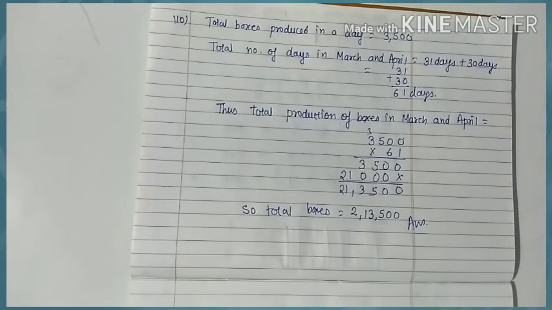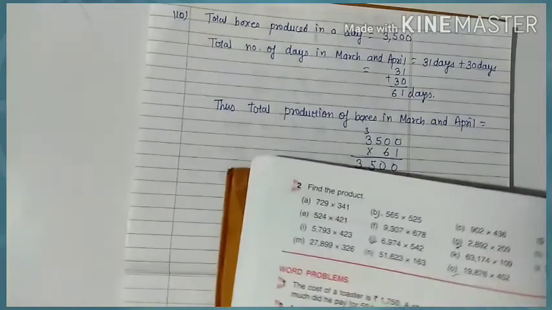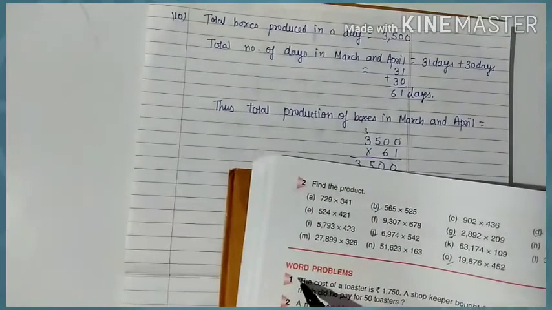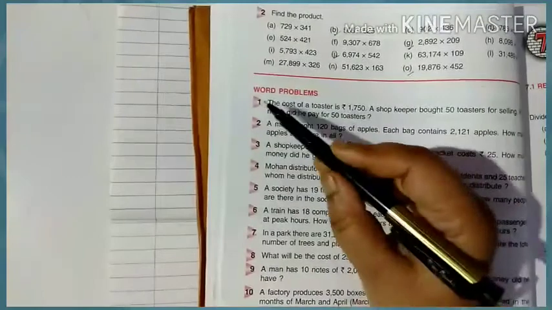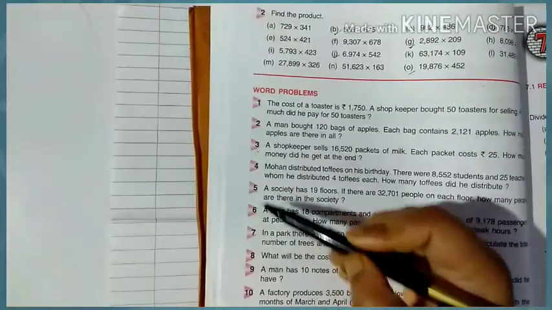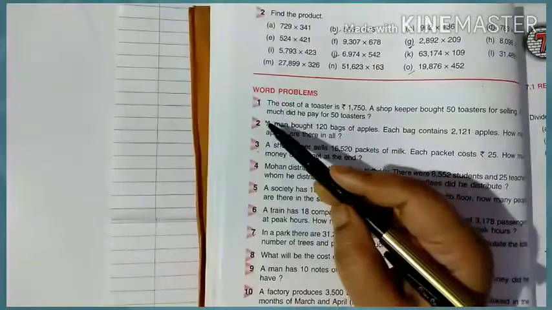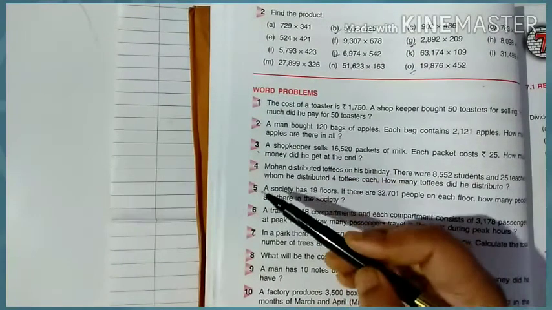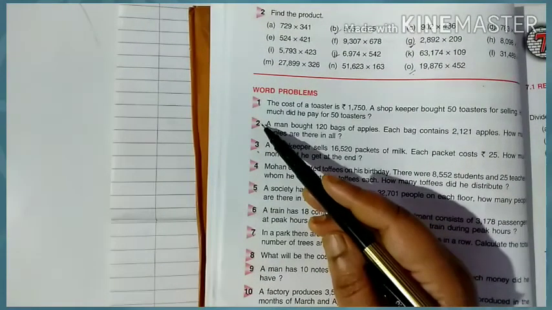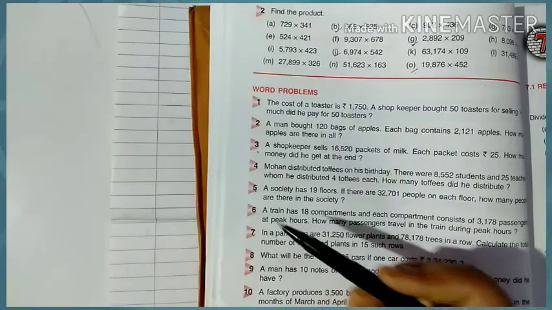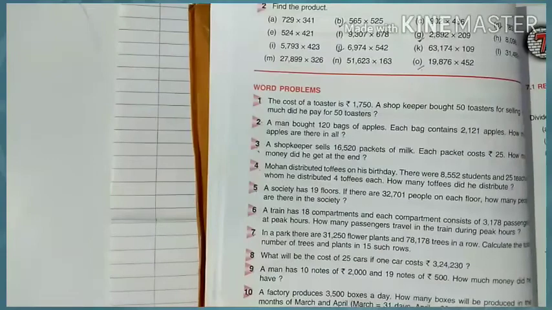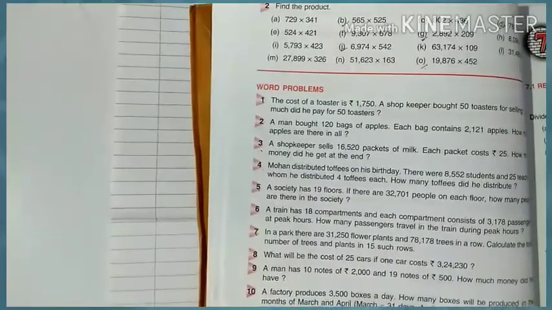I have done 5 questions: 1, 3, 5, 7 and 10. You people are doing 2, 4, 6, 8, 9. Okay. That will be your homework.